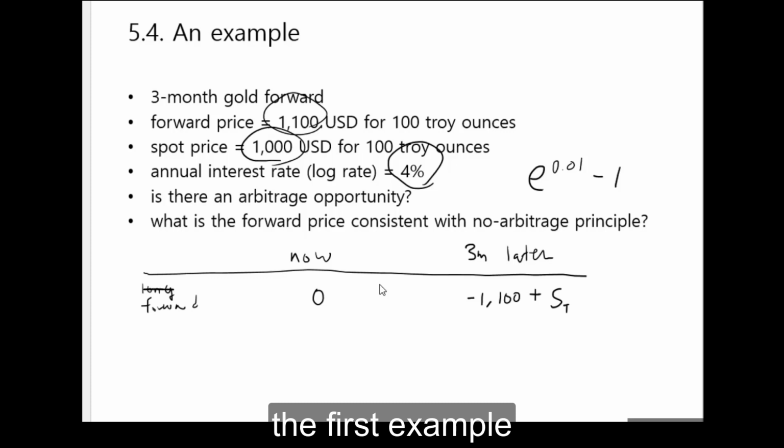Short forward position, either way, it doesn't matter, but just to make the story. And let's say you take a short forward position and also buy gold in the spot market now. So long spot.